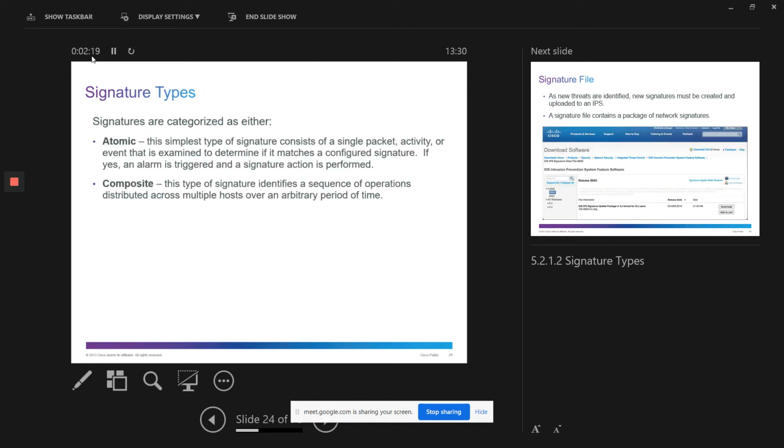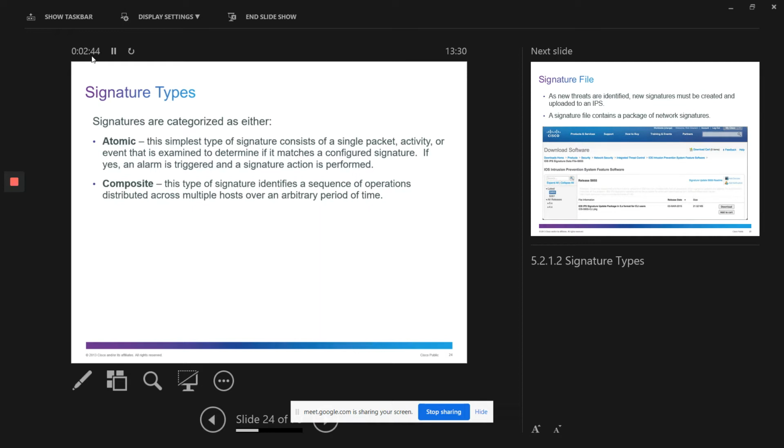Now, when it comes to signature type, there are two types. One is called atomic, another one is called composite. Atomic is the one where the signature consists of a single packet or activity, and that is examined to determine if it matches the configured signature or not. So you can call it a single packet matching mechanism.